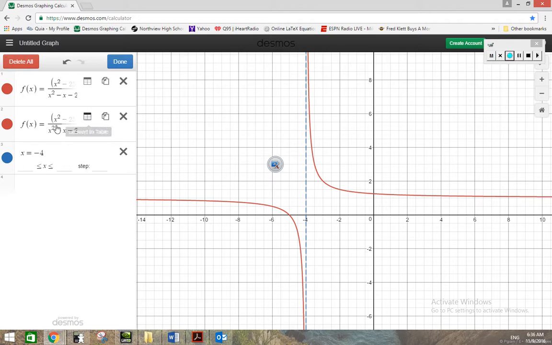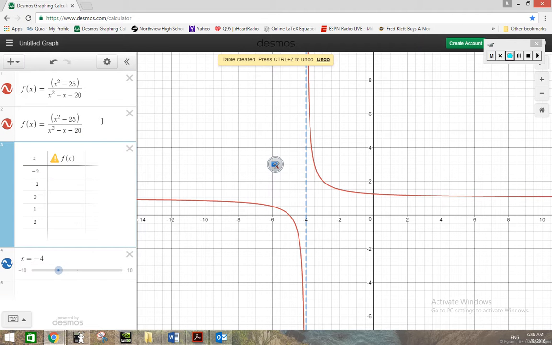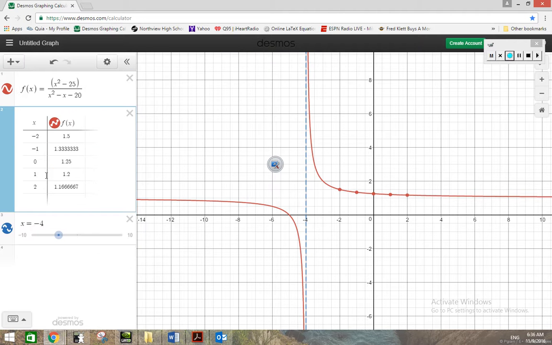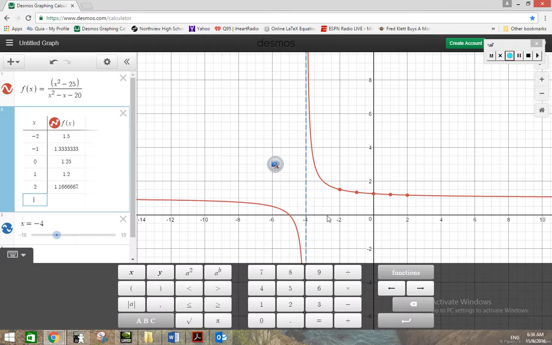I'll duplicate and then convert that to a table. At -4, you see that it's undefined, that it's not in the domain because it's not related to any y value. And then at +5, the same thing. Now, I would like to know the y coordinate of the hole.